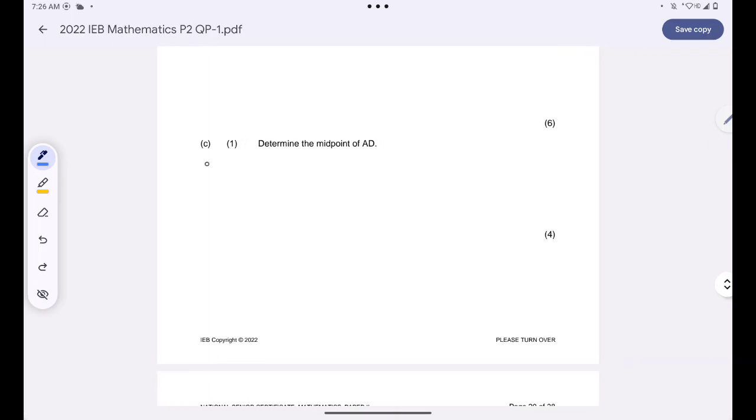I know that I have my equation of a circle that says (x plus 3) all squared plus (y minus 4) all squared is equal to 25. D is at the x-axis, and I know that at the x-axis y is 0. So I'll simply say (x plus 3) all squared plus (0 minus 4) all squared is equal to 25.